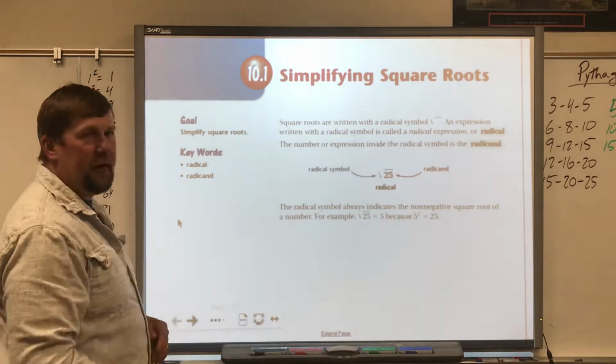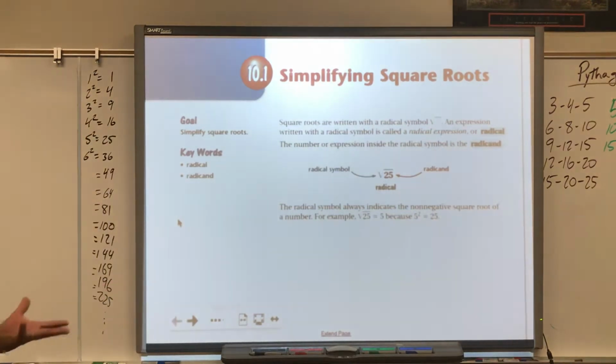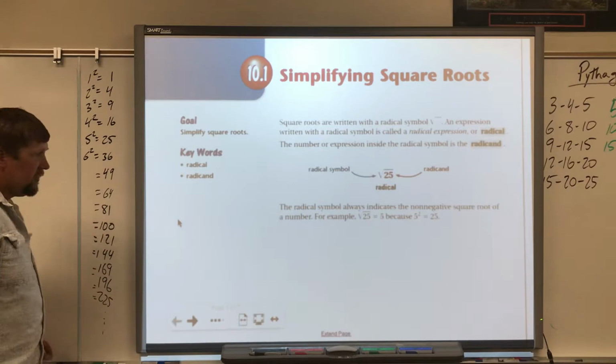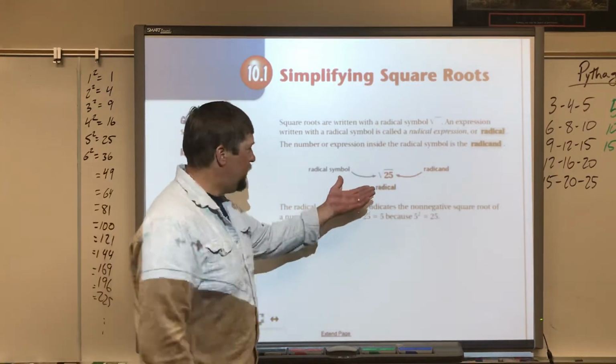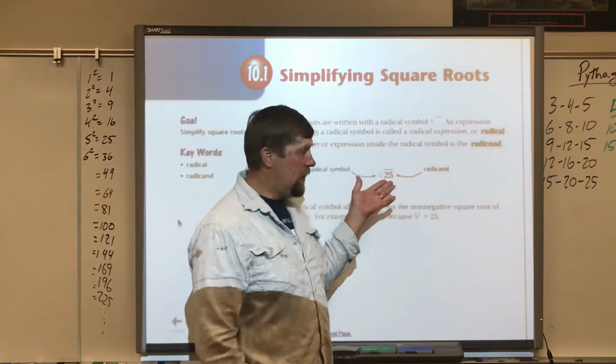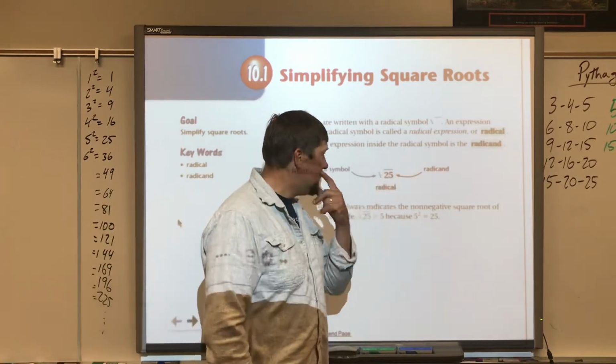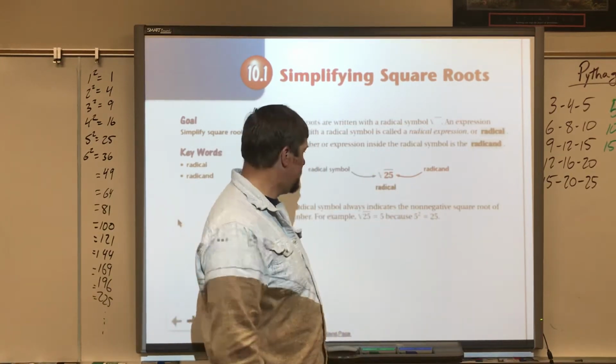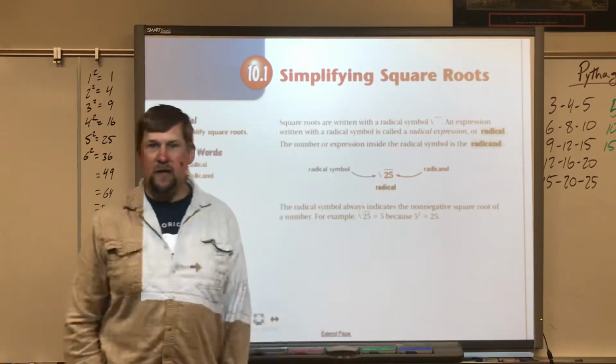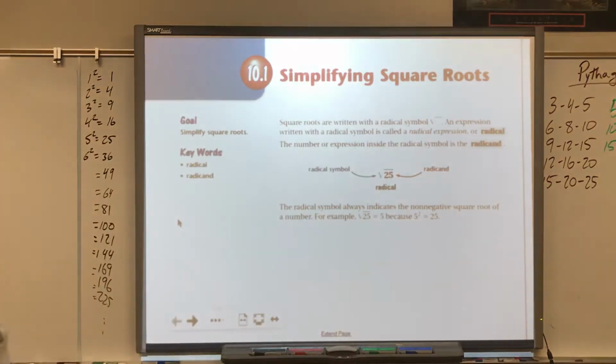When we're simplifying square roots, we are looking for those factors that are these numbers. If you take the square root of a perfect square, which is called a radicand, 25, the square root of 25 is 5, because 5 squared is 25.